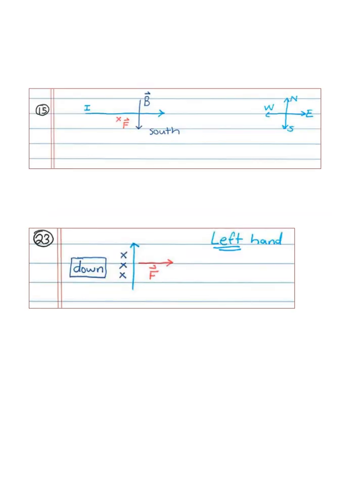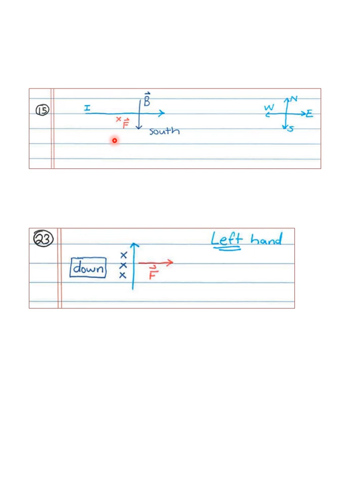Number 15, a wire carries electric current horizontally from west to east. So right away I've drawn the compass directions there as if drawing a map. And I've drawn the wire going from west to east, from left to right. In what direction should a magnetic field point so that the force on the wire is vertically downward? So I've drawn the force going into the page. That would be downward on the map.